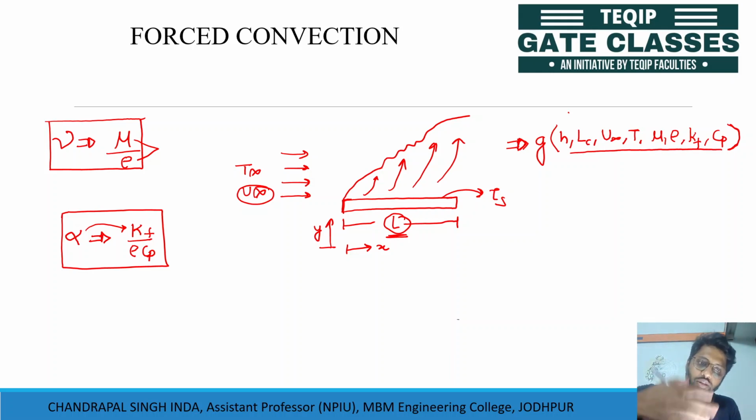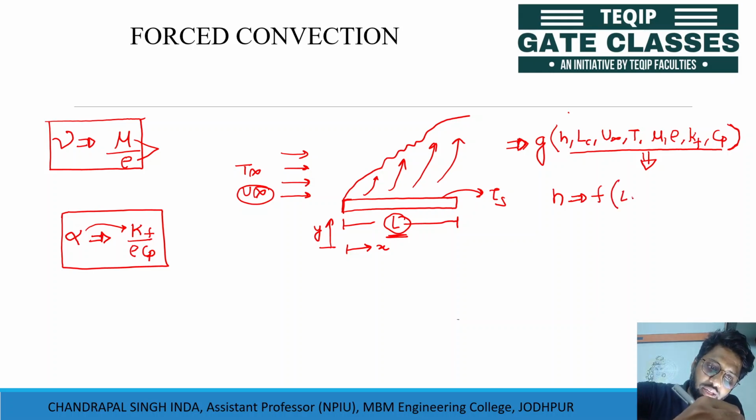Let's reduce this: we can write the convective heat transfer coefficient h as a function of characteristic length L, u infinity, temperature, mu, rho, Cp and Kf.